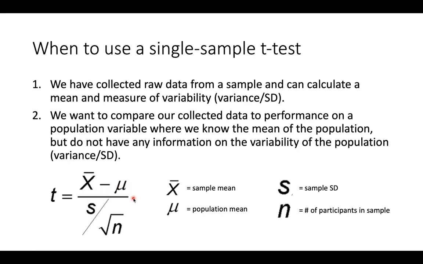The denominator is slightly more complicated. The denominator is our sample standard deviation, that S from over here, divided by the square root of our sample size. We want to keep in mind order of operations when doing these calculations. We do this square root first.